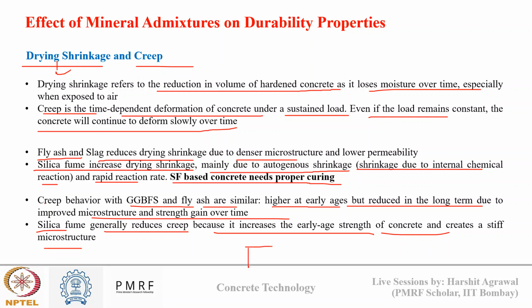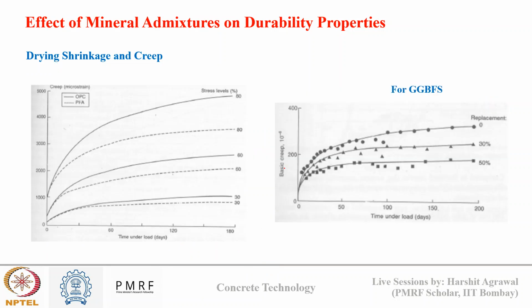So the denser my concrete, the lower my creep behavior. And the more rapid my hydration process, the higher the chance of drying shrinkage. Shrinkage can be of different types. In silica fume, autogenous shrinkage becomes an issue because of its increased reactivity.